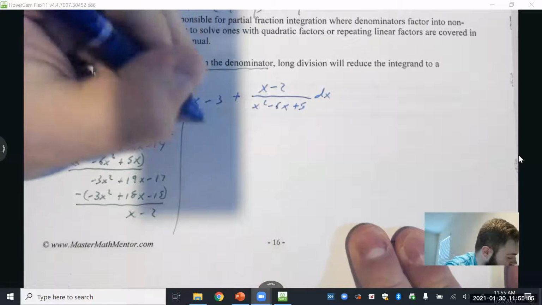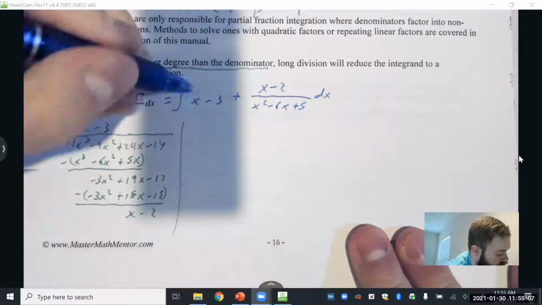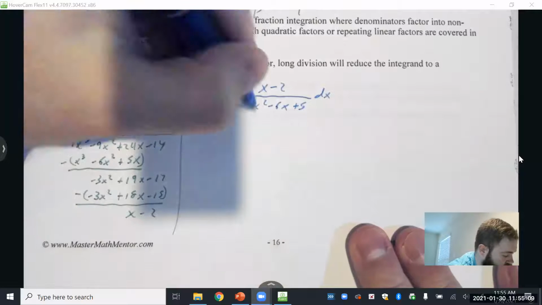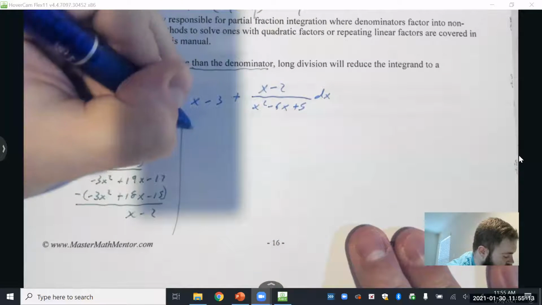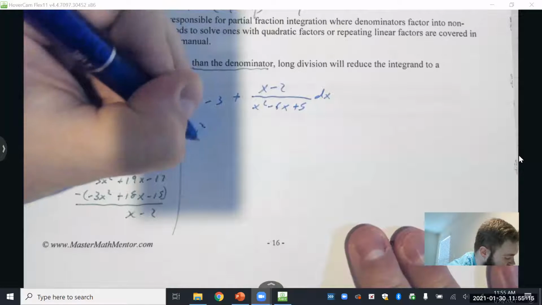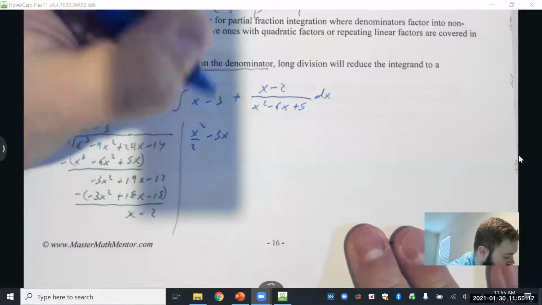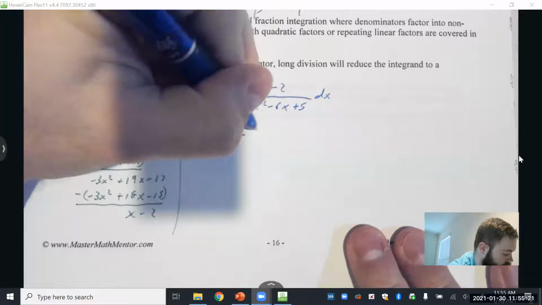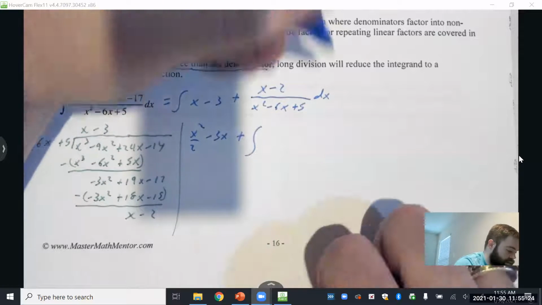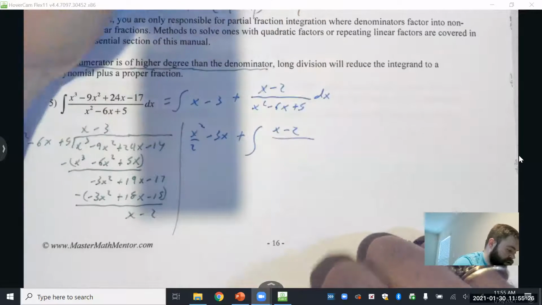When we take the integral of the x minus 3, that will not be too bad. But then for this piece here, I'm just going to go ahead and get those answers: x squared over 2 minus 3x, plus the integral of x minus 2 over, how does this factor?